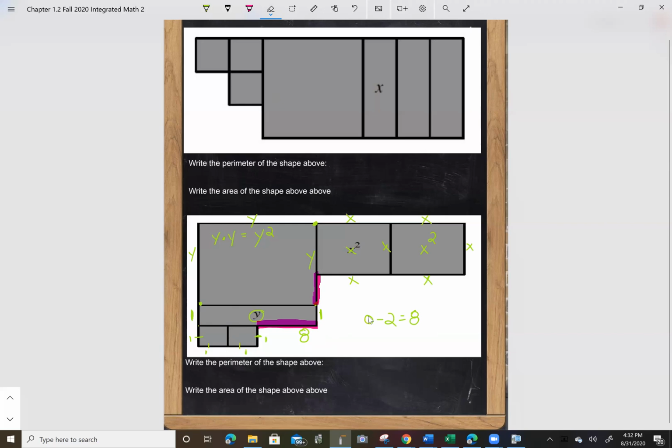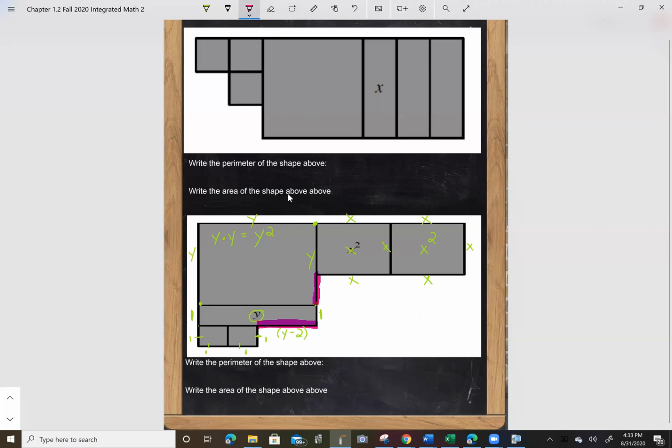So instead of 10 minus 2 giving us 8, we have y minus 2. And we just keep it just like that. From there to there, that pink is y minus 2. And we just leave it like that. It's actually less work than dealing with numbers.